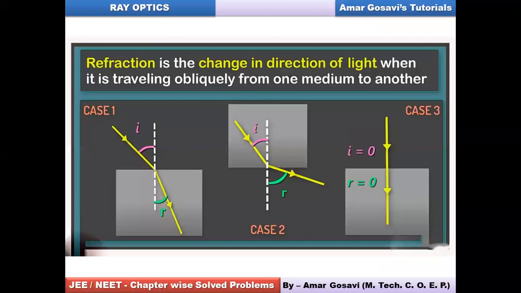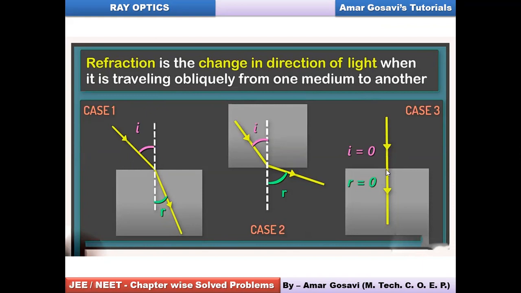Yeah, here is a case. Why did I say the word obliquely is very important? Because when we define refraction, we define it as change in the direction of light when it is traveling obliquely from one medium to another. So let's understand, if it is not traveling obliquely, then what would happen? You can see case 3, where it is not traveling obliquely.